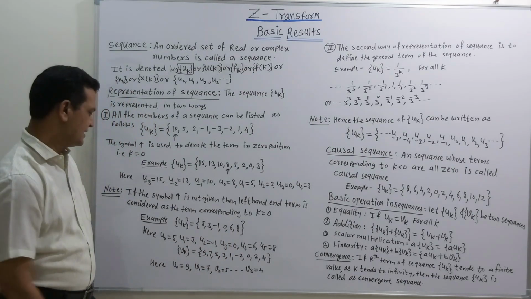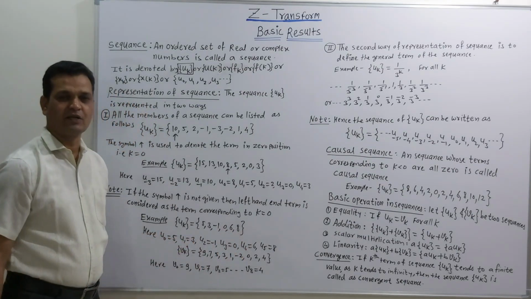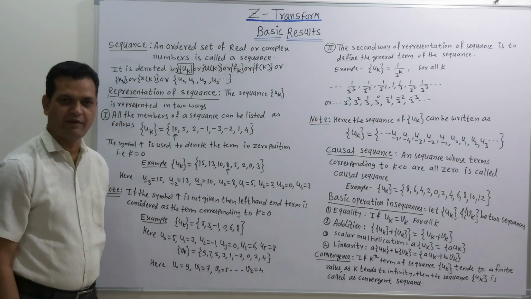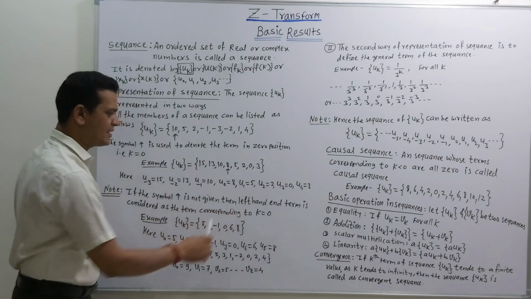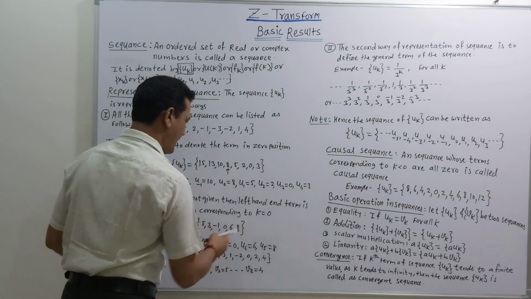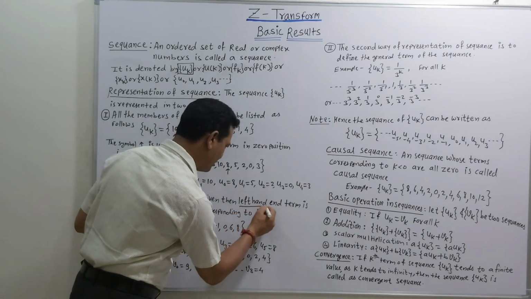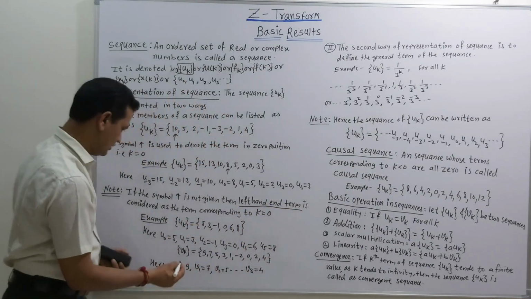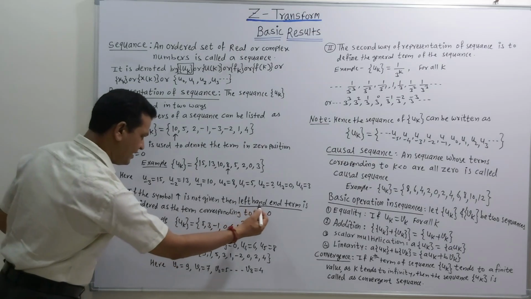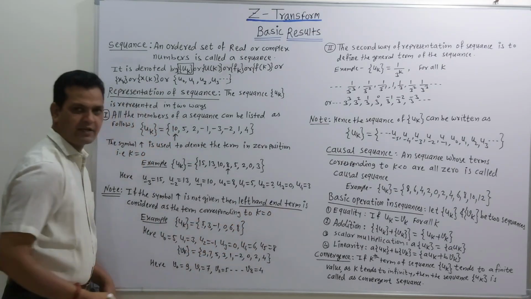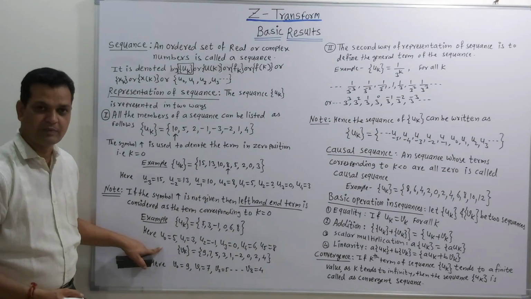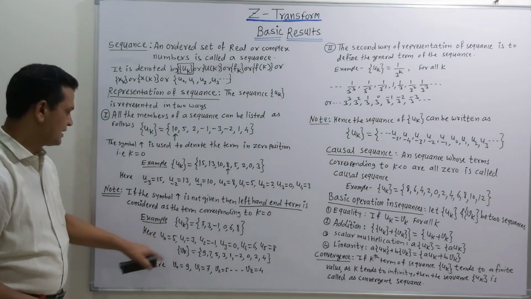These are the elements in that sequence, but here such an arrow symbol is not available. The note says that whenever the arrow symbol is absent, then the left hand end term, this is the left hand end term, which is 5. This 5 denotes the 0th position of the sequence. That means U0 is equal to 5.